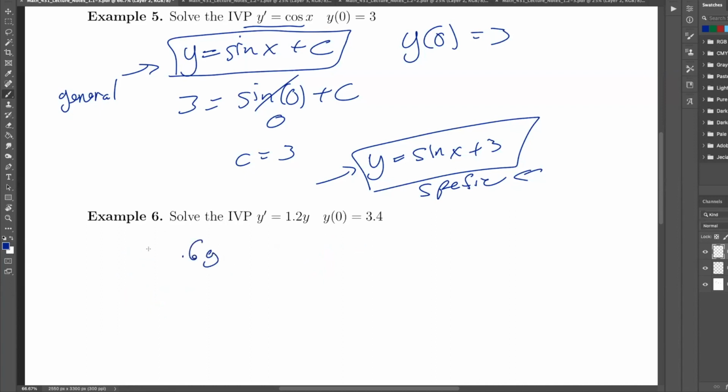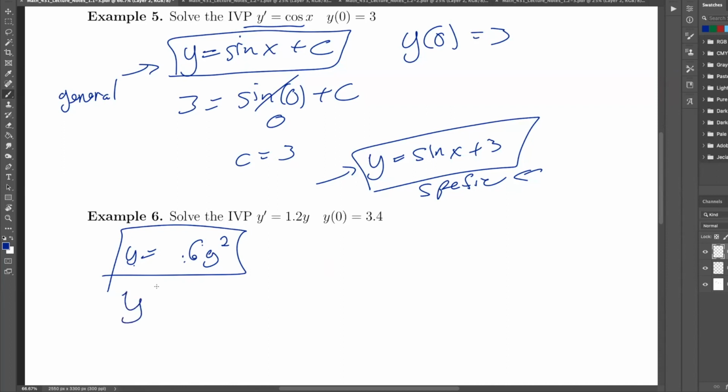So someone says the function of y is equal to this. Am I allowed to do this? Can I say y equals 0.6y squared? Can I say this? Does y equal 0.6y squared? No, because y would have to equal y.